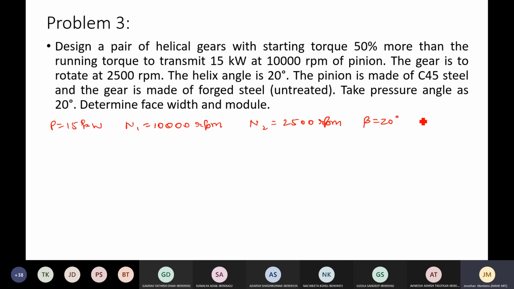The pinion is made of C45 steel, so sigma D1 you have to take from the table. The gear is made of forged steel, untreated, so sigma D2.